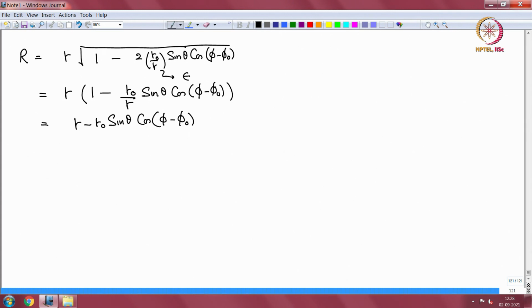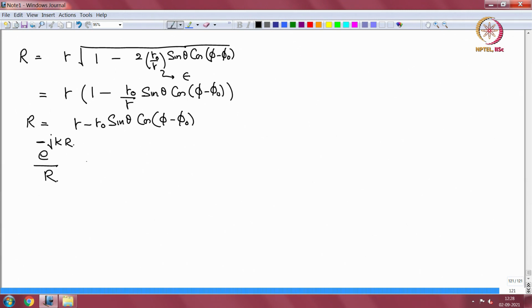So now one more level of approximation. In the integral, this r goes in as e to the power of minus j k r by r.